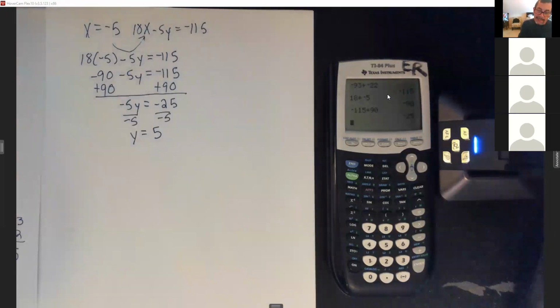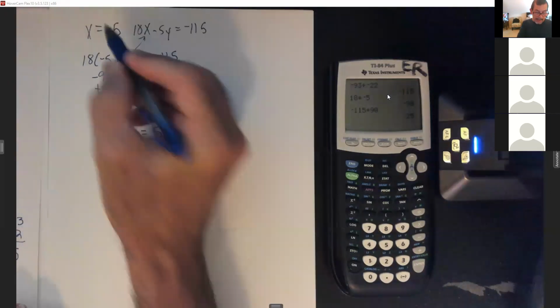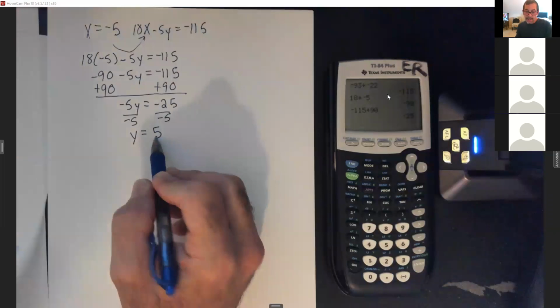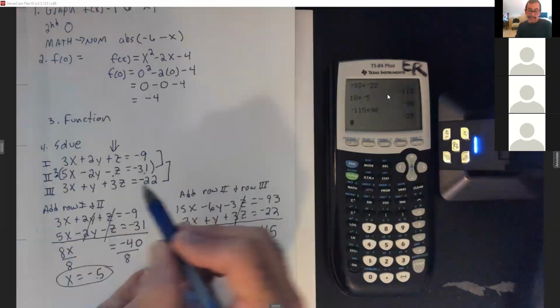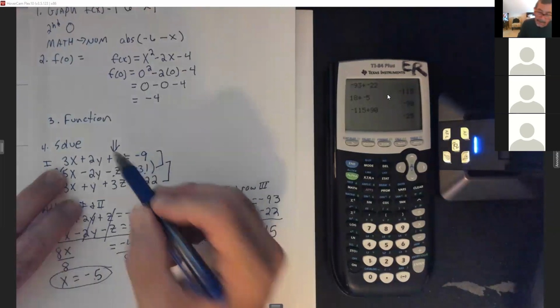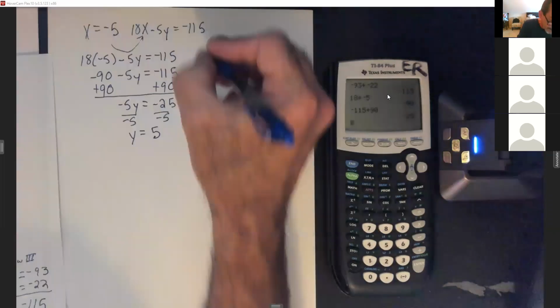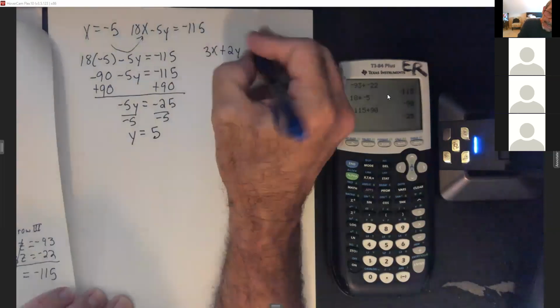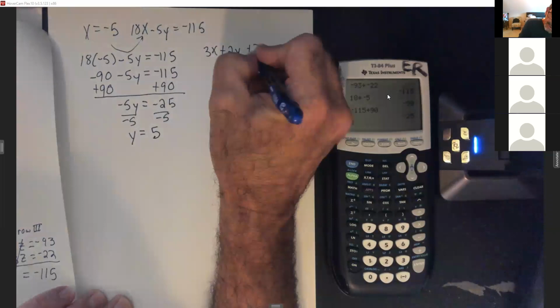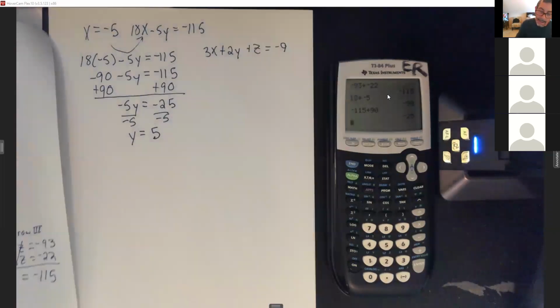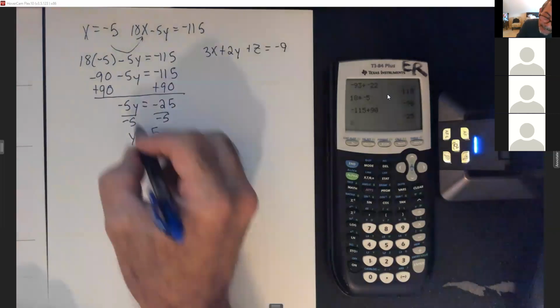So now I know x is a -5, y is a +5. I'm going to go back and pick one of these three equations and plug in the x and the y and get the z. So I'm going to use my first equation I had. I had a 3x plus 2y plus a z equals -9. All right, so let's put in the -5 for the x.